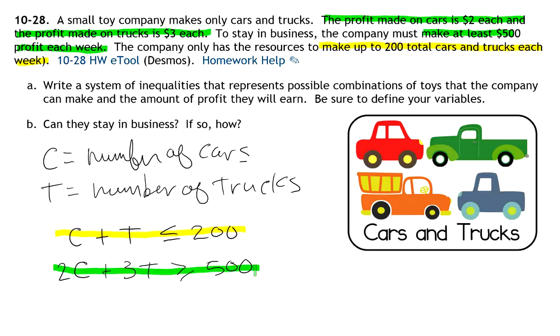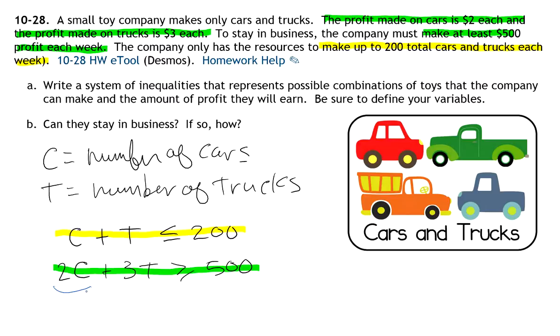So at this point, I don't know that we have all of the tools to look at this in any systematic way, but I'll say that if we just kind of play some games, let's say that they make all cars. Well, if I'm making all cars, I wouldn't have any trucks at all. So all 200 items I make are just cars. That's going to give me $400, right?